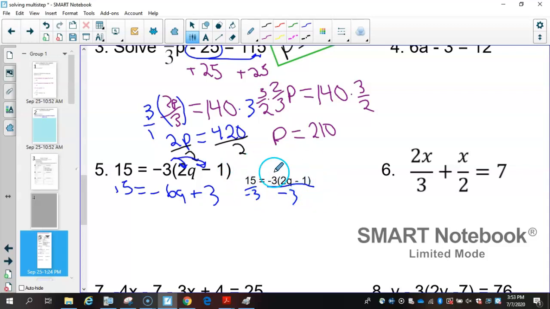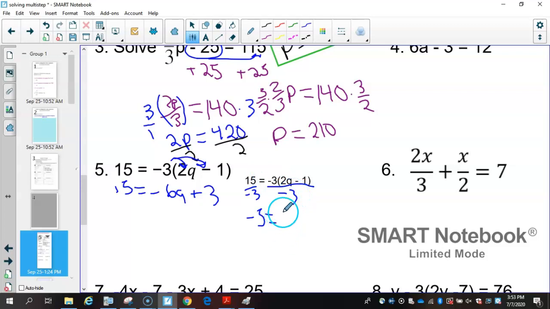Right? So if I do this, these negative 3's cancel, again, because of that multiplicative inverse. I'm multiplying by 1/3 or dividing by negative 3. So this would be negative 5 equals, these would cancel each other out, leaving just 1.